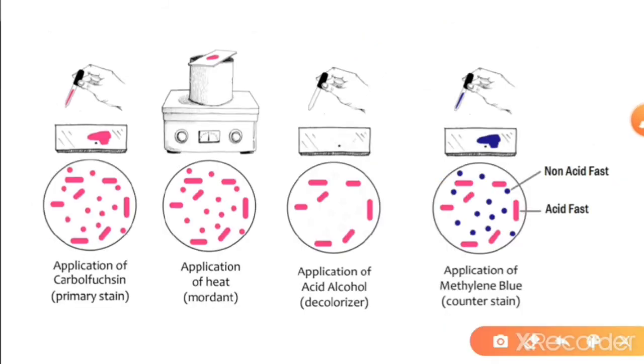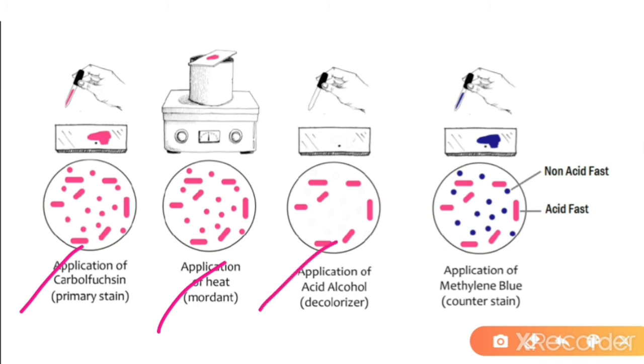The next staining is the acid fast staining, which we can use for acid fast bacterial cells, for example Mycobacterium tuberculosis. Here first we have to apply the culture on a slide, then apply carbolfuchsin as a primary stain, keep it, then apply heat as a mordant, then apply acid alcohol as a decolorizer.